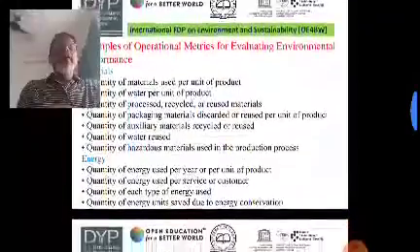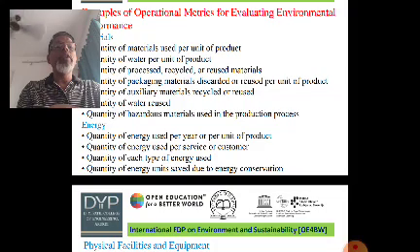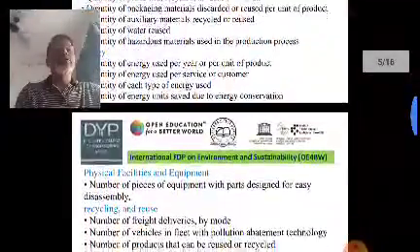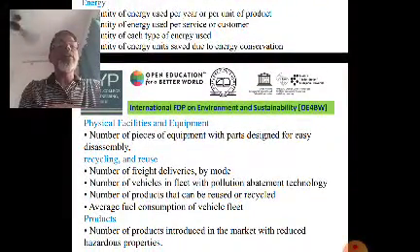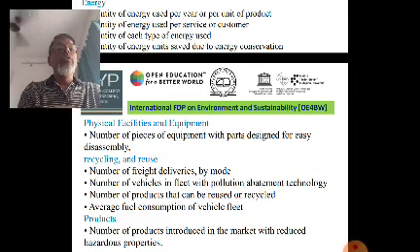Then the energy. Under energy: quantity of energy used per year per unit of product, quantity of energy used per service to the customer, quantity of each type of energy used, and quantity of energy units saved due to energy conservation. Then the physical facility and equipment: number of pieces of equipment with parts designed for easy disassembly.